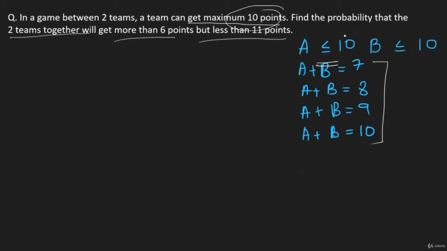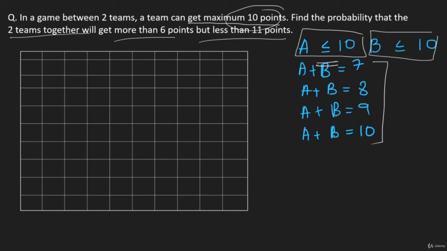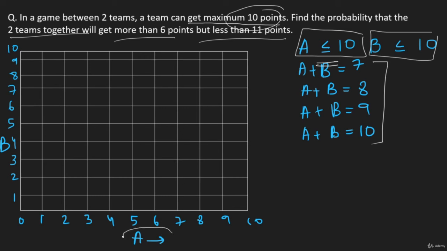Alright, now any value over here, A or B, can take the values from 0 up to 10, right? Therefore, let me draw an 11 by 11 grid over here, and these values are 0 to 10, and this is 0 to 10. These are the values A gets and these are the points B gets. Alright, now let's explore A plus B is equal to 7.